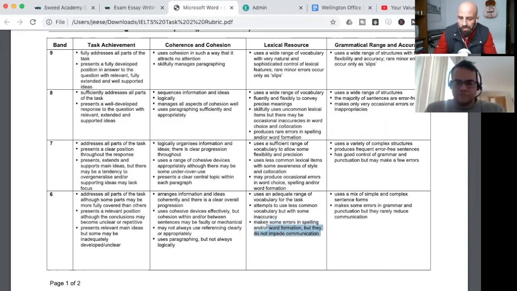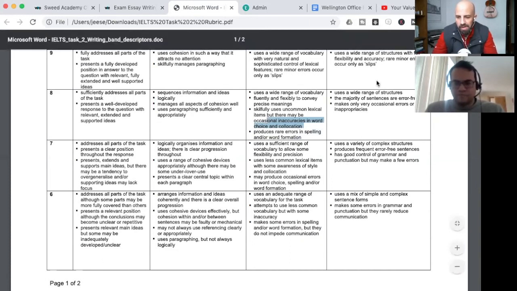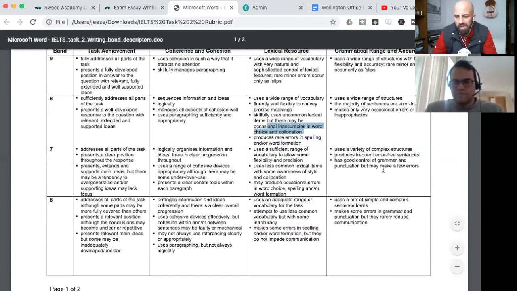This is more common, but they don't stop communication. And 8, there may be occasional inaccuracies in word forms and collocations, right? We don't know all of them. And then grammatical range and accuracy, obviously your grammar.